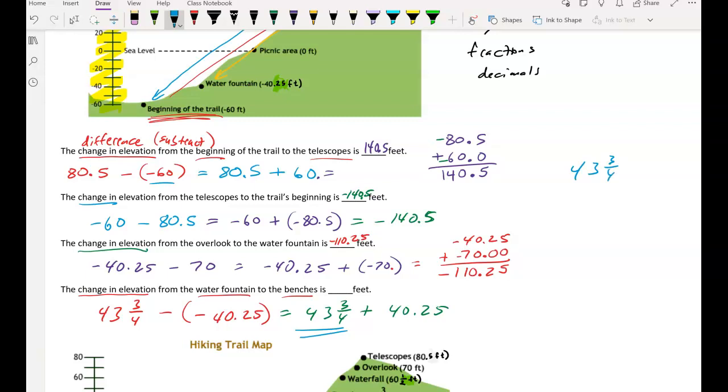I was going to change this mixed number into an improper fraction, but I know that 43 is going to be my whole number, and then I only have to change the 3/4 to a decimal.